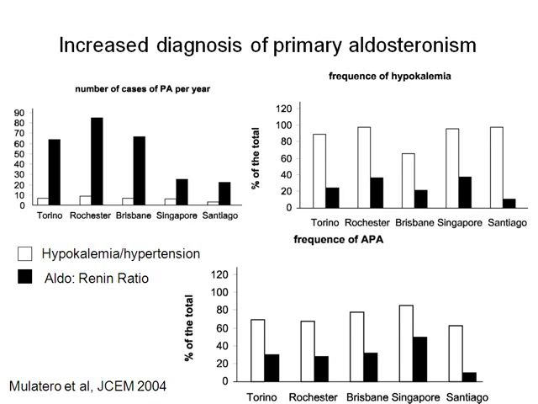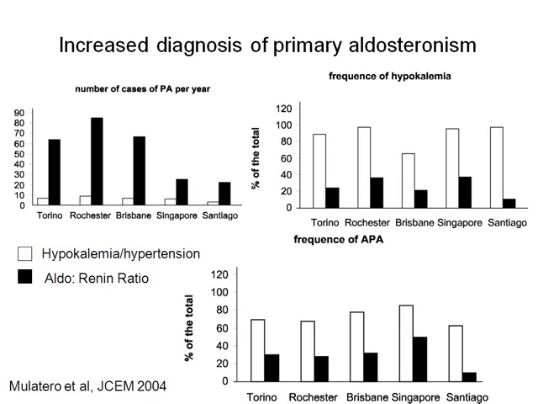sorry, I'm in the wrong place, here it is. Let me get this right. Here it is. The number of people who have hypokalemia and hypertension and have an adrenal adenoma is really relatively small. The number of people who are diagnosed because they have the increased aldosterone to renin ratio is much higher in all of these centers.